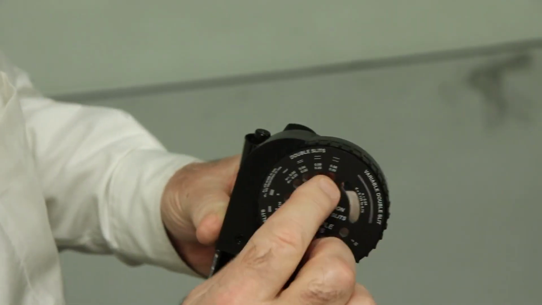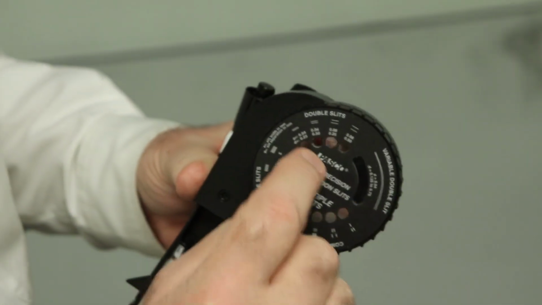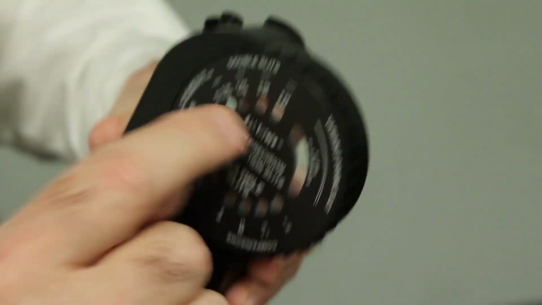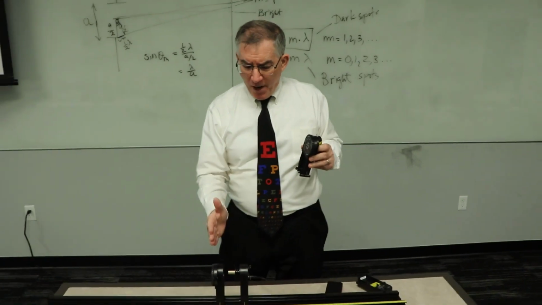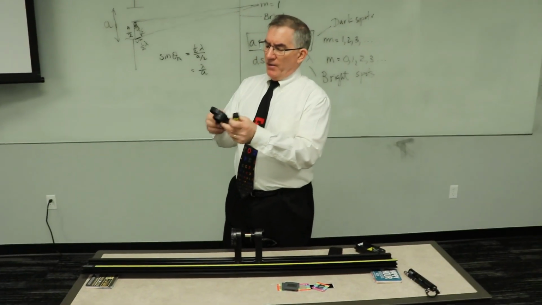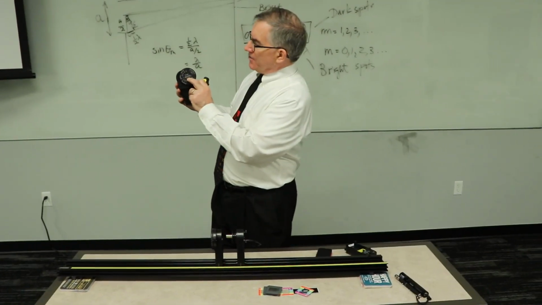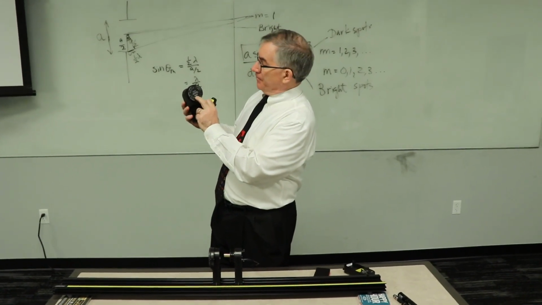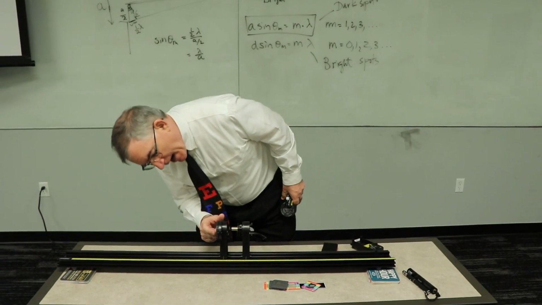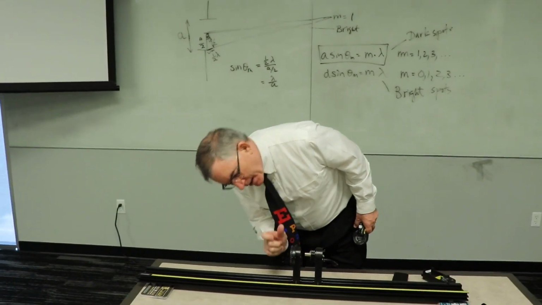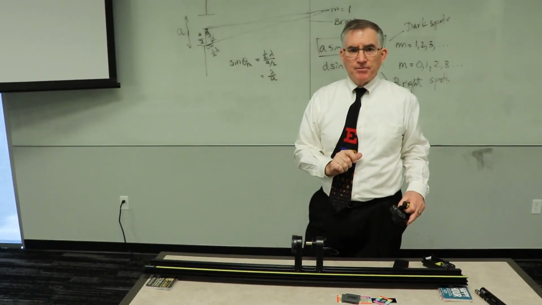And then you can go over here, and there's a double slit here and a double slit over here. And you project it up on the wall, and then you can make your measurements. By the way, this is called a high precision diffraction slit. And it's got multiple slits. This one is a high precision diffraction slit, and it just has single slits.